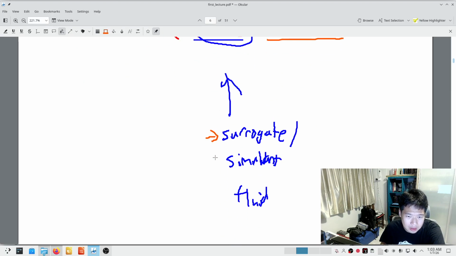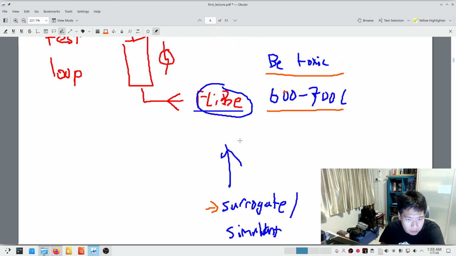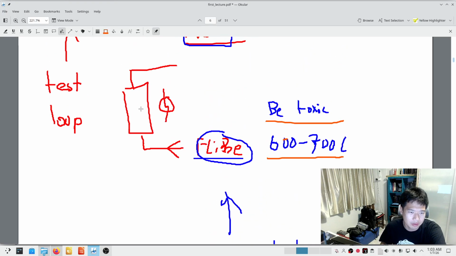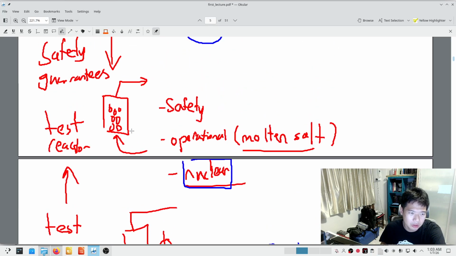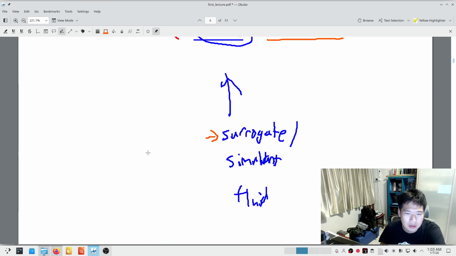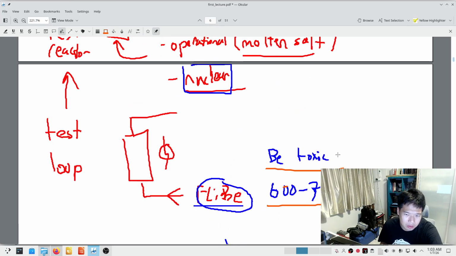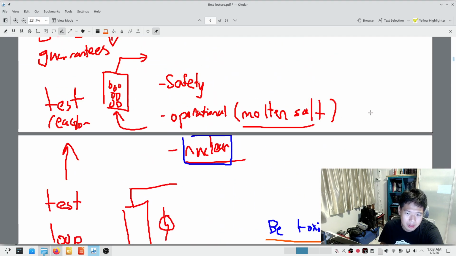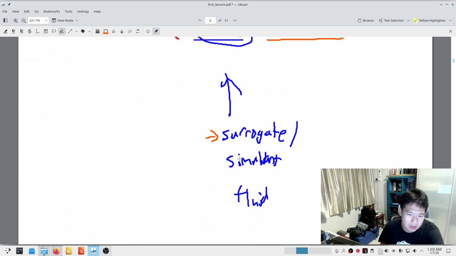So there was a search for a surrogate fluid to build a scale model of this test loop or test reactor before dealing with the molten salt and the nuclear part. So you want to use a simulant fluid to build scale models.